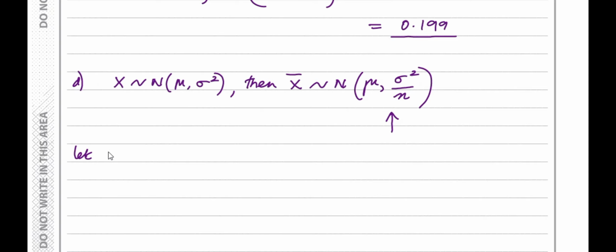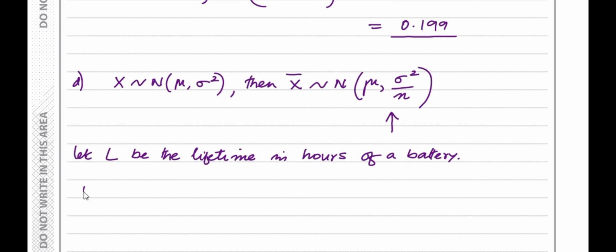Let L be the lifetime in hours of a battery. Then L follows normal distribution with mu 18 and sigma square is 4 square.